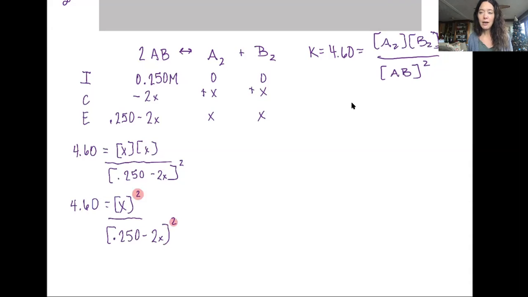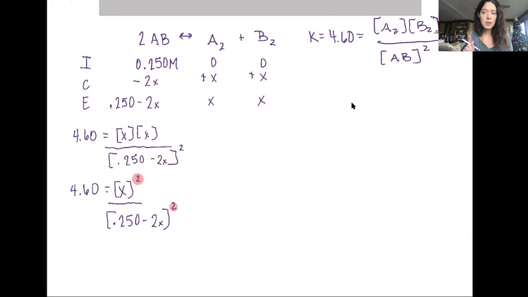If we did not, then we would have to utilize our quadratic equation. You may run into that problem, but on your AP Chem exam, you will not be utilizing quadratic equations. But some equilibrium problems require the use of a quadratic equation.